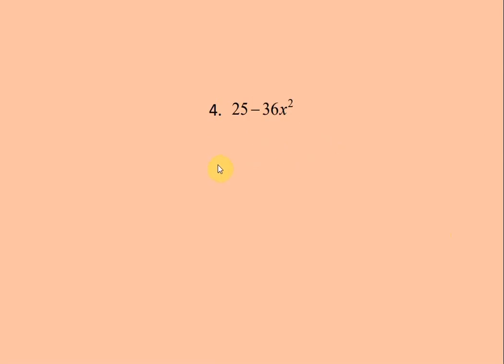Here we have 25 minus 36x squared. 25 is a perfect square, 36x squared is a perfect square, and they're being subtracted. So if I do my two sets of parentheses, the square root of 25 is 5, the square root of 36 is 6, and the square root of x squared is x.